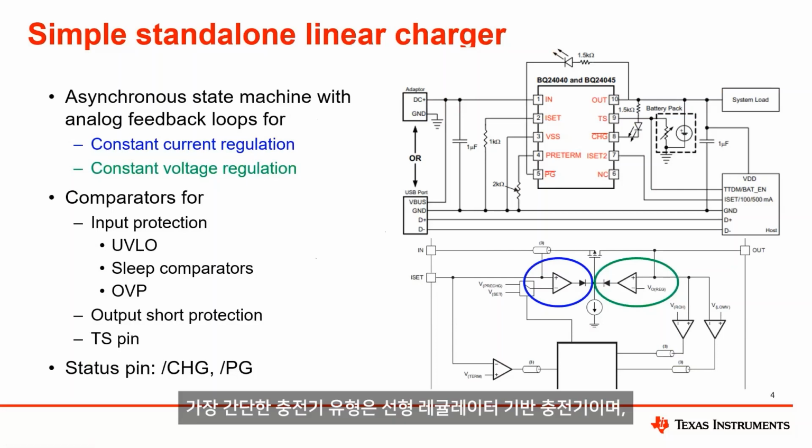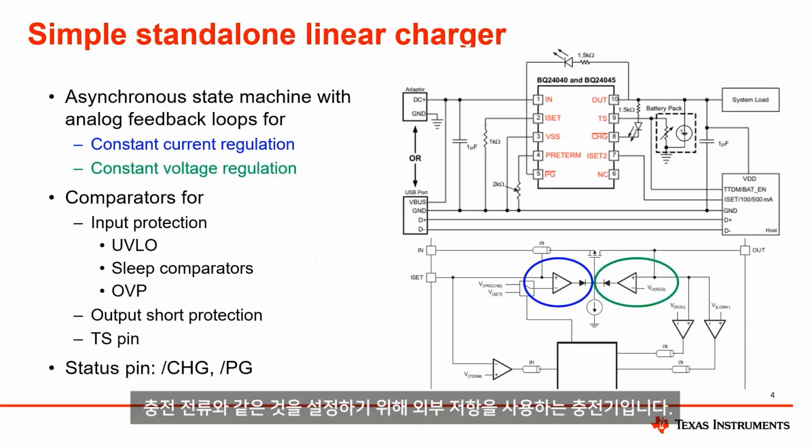The simplest type of charger is a linear regulator-based charger, and one that also uses external resistors to set things like the charge current.